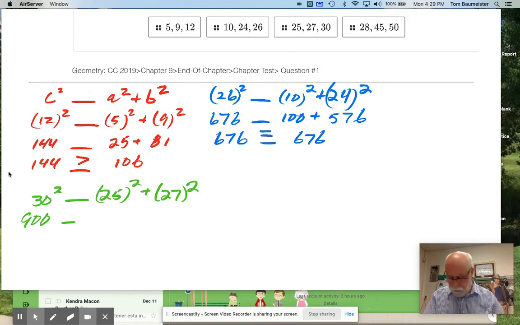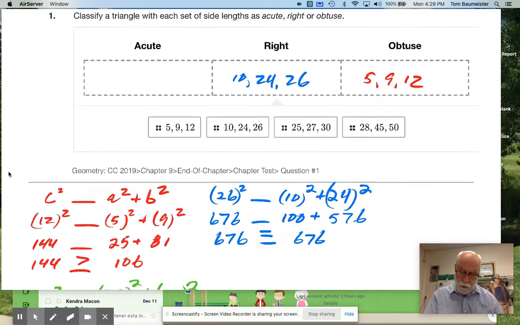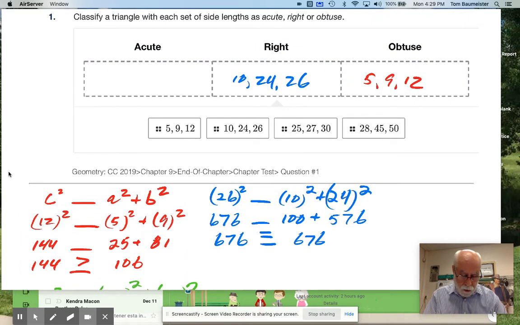Then we have 625 plus 729, so on this side we'll get 1354. So 900 is less than that, and we are going to plug that one in here. It's going to say 25, 27, and 30.